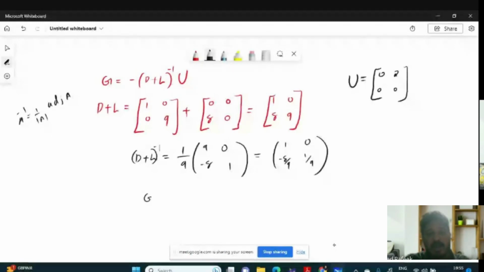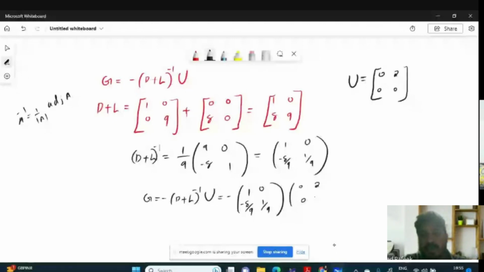G equal to minus (D plus L) inverse into U. Multiply these two matrices: minus 1, 0, minus 8 by 9, 1 by 9 into U, where U is 0, 2, 0, 0.